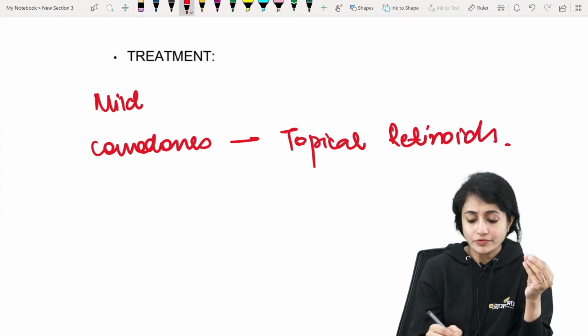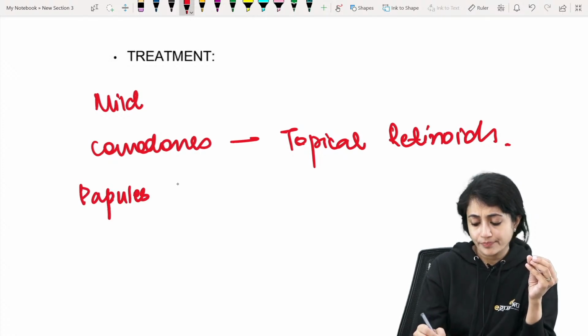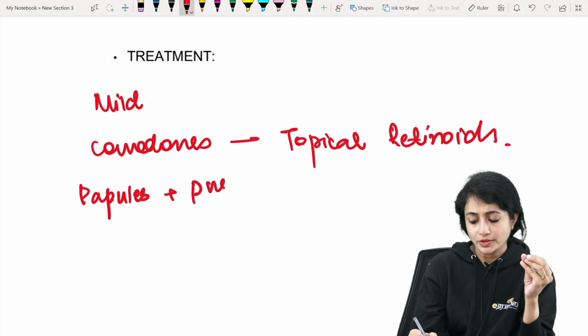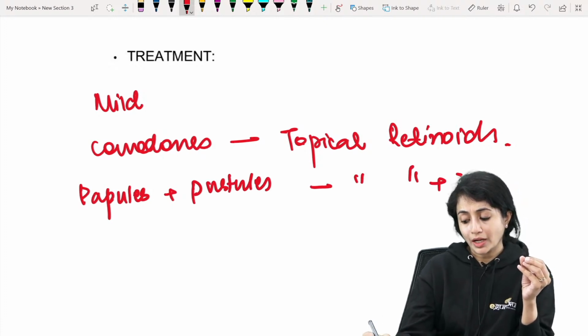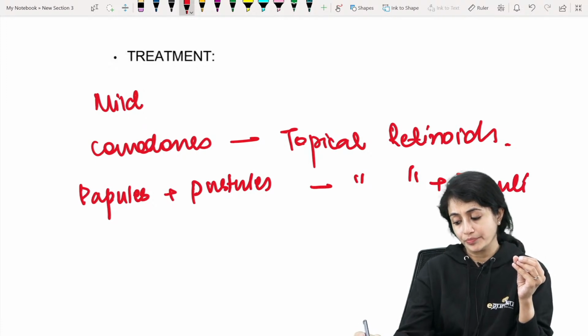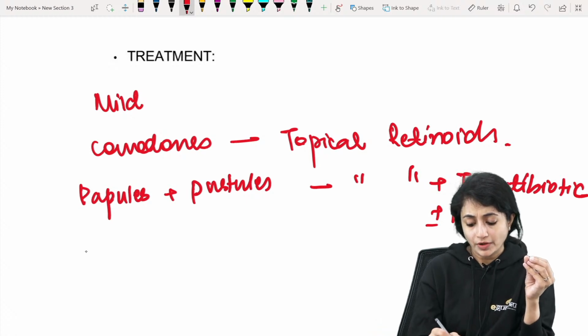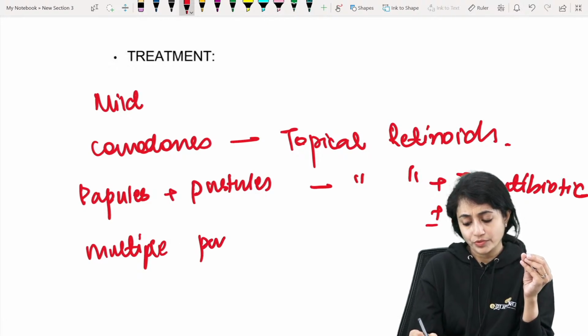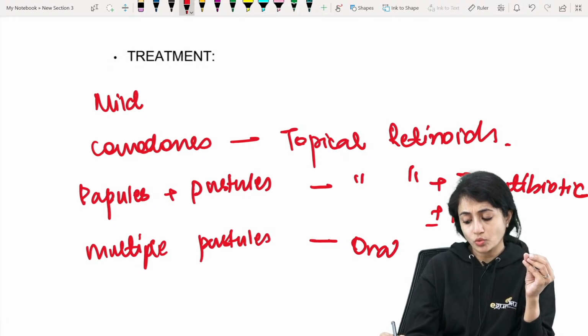If I have grade 2, where I have some papules, some pustules, then I can add topical antibiotic. I can also add benzoyl peroxide. If I have multiple pustular lesions or inflammatory papules, I can also add oral antibiotic.